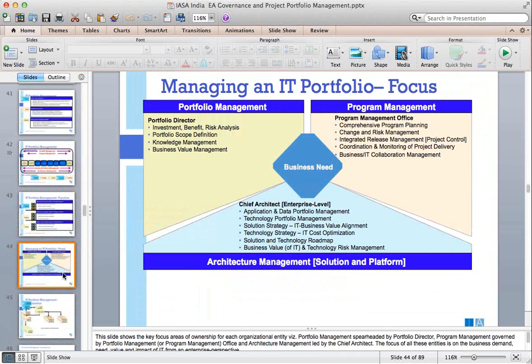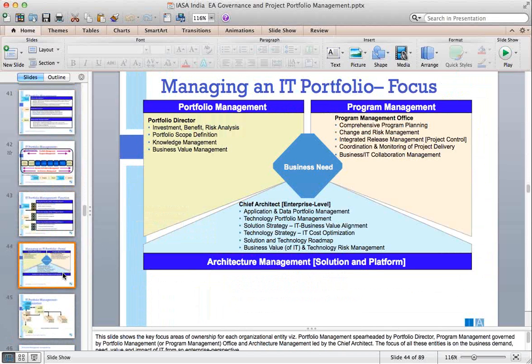The chief architect may have a team of enterprise architects or solution architects, and in one of the banks that I work with, we had an enterprise solutions forum which had enterprise architects as the core team, with solution architects of individual programs associated with the solutions forum, so that we could look at those 6 bullets under the chief architect's role in terms of every program or project getting aligned for a business need.